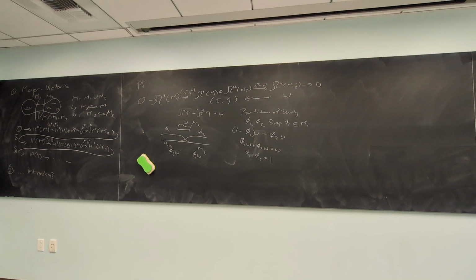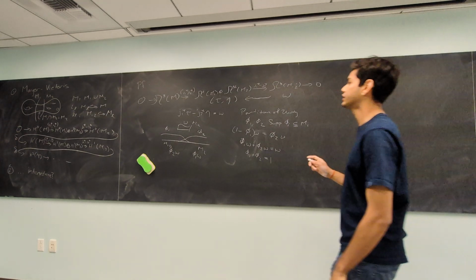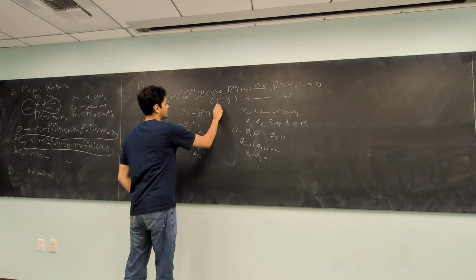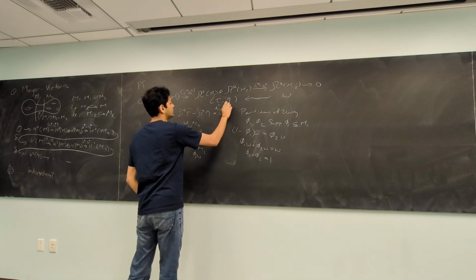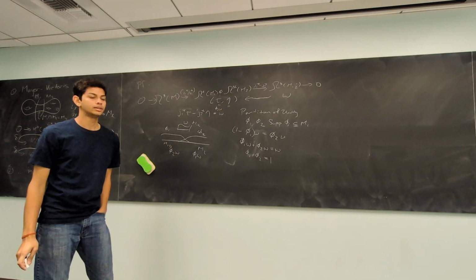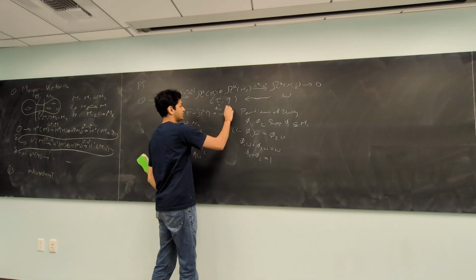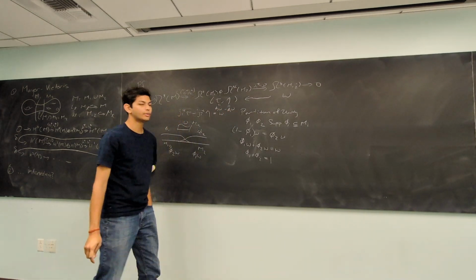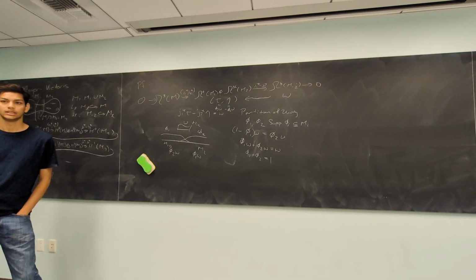Tau is phi1 omega and eta is phi2 omega. Wait, but we need it to be a difference, so we should add a negative sign. Yes. So what should tau be? Phi1 times omega, and eta should be negative phi2 omega.